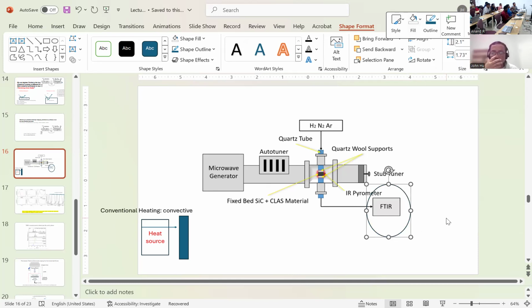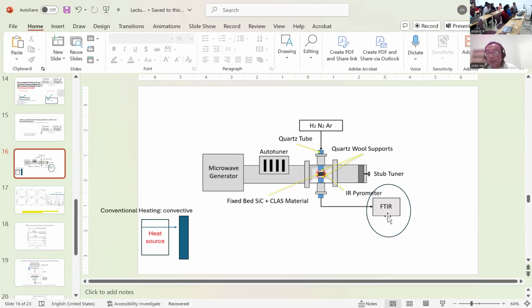You have to speak very slowly before I can hear you. So that ppm is measured by the FTIR. It's a concentration. First you absorb nitrogen, then you absorb hydrogen. So that ppm means, very good question.